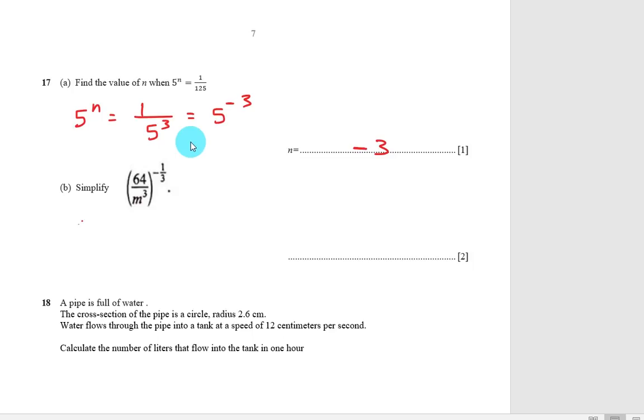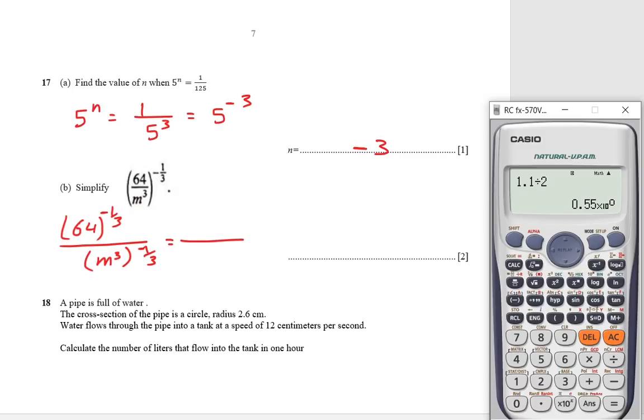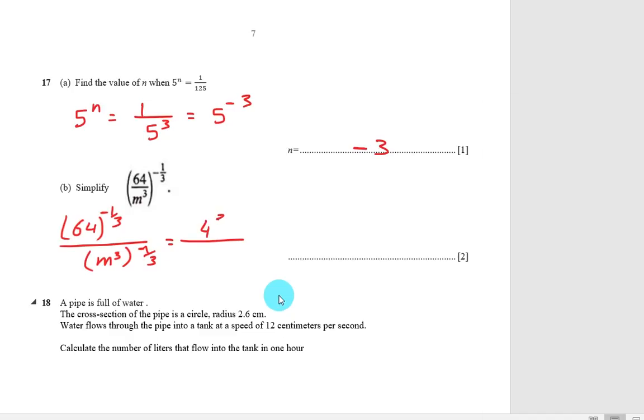So we can say that 64 power minus 1 over 3 divided by m power 3 power minus 1 over 3. 64 is equal to 4 by 4 by 4, so 4 power 3, power minus 1 over 3, divided by m power 3, power minus 1 over 3.